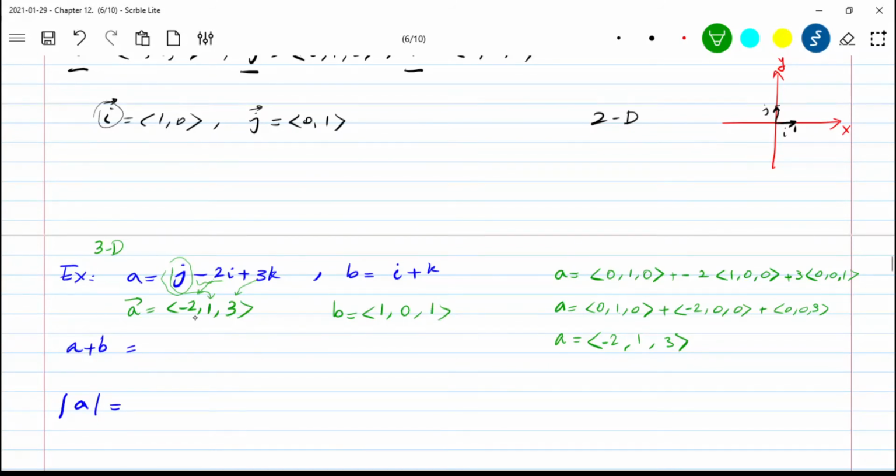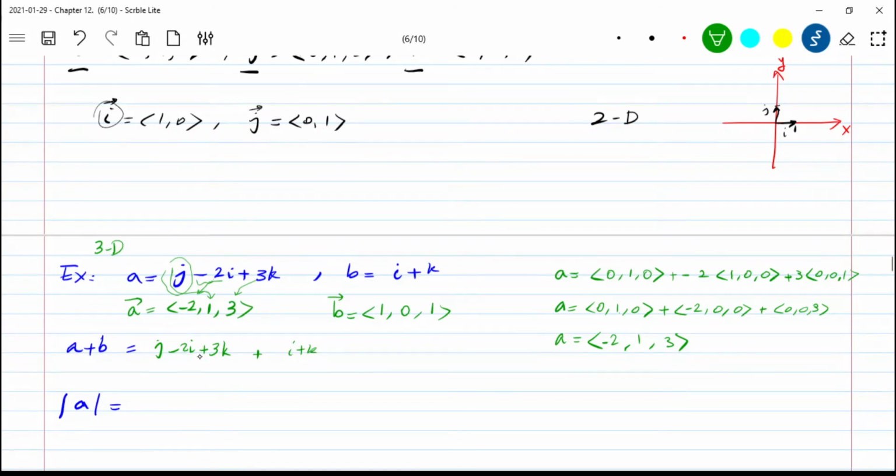So what would be A plus B? There are two ways. You can add A and B through components, or you can add them through the standard form. Let's do both ways. First the standard form. You would have j minus 2i plus 3k plus i plus k. How do we add these two?